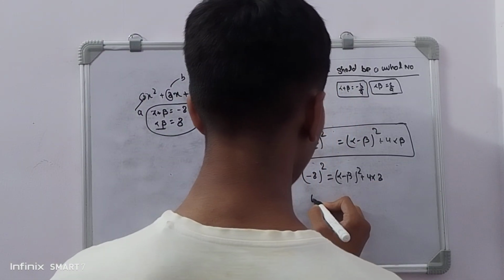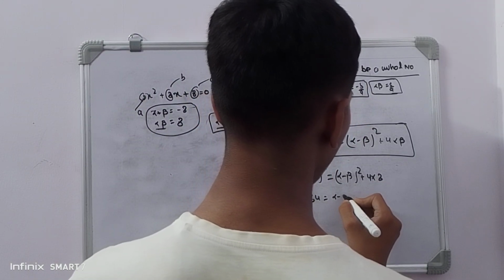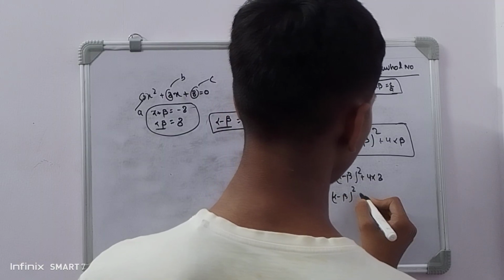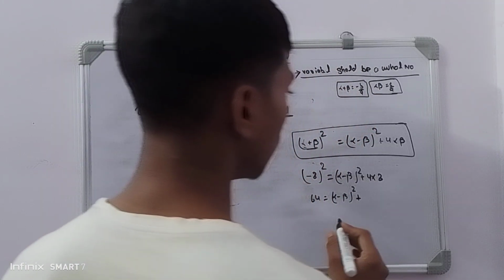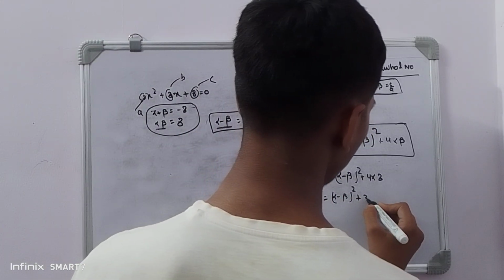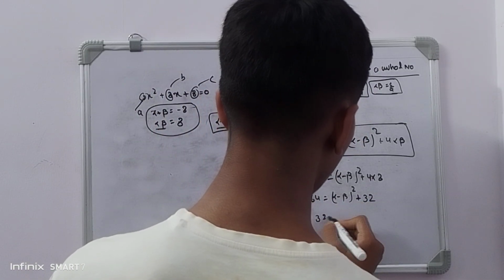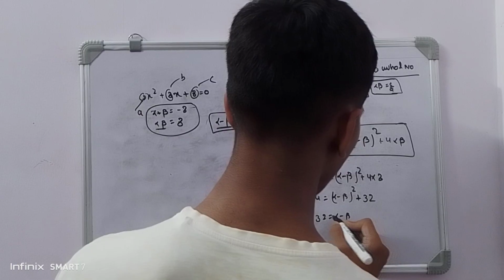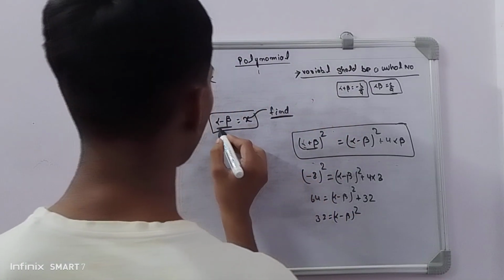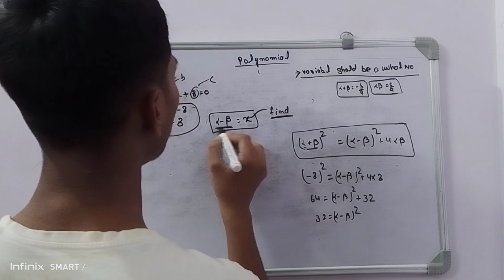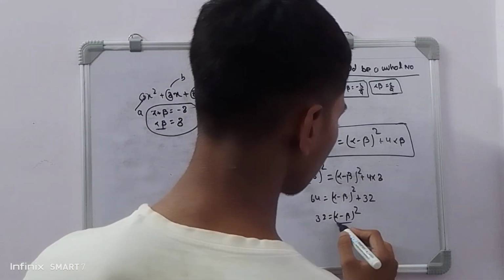So you can write 64 is equal to alpha minus beta whole square plus 32, so it becomes 32 equal to alpha minus beta whole square. But here you have to find alpha minus beta, not alpha minus beta square.